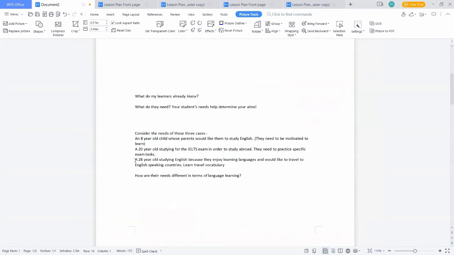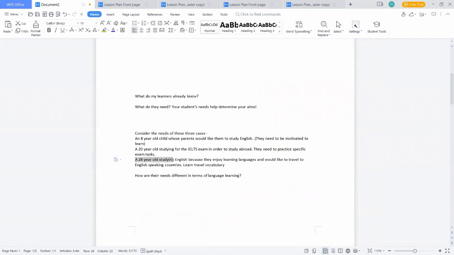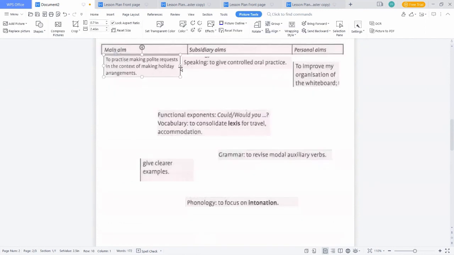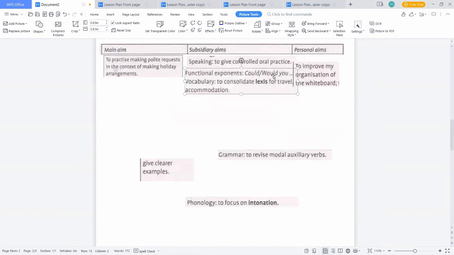This might be applicable to the 28-year-old studying because they want to travel the world and go to English-speaking countries with some English-speaking friends, perhaps.